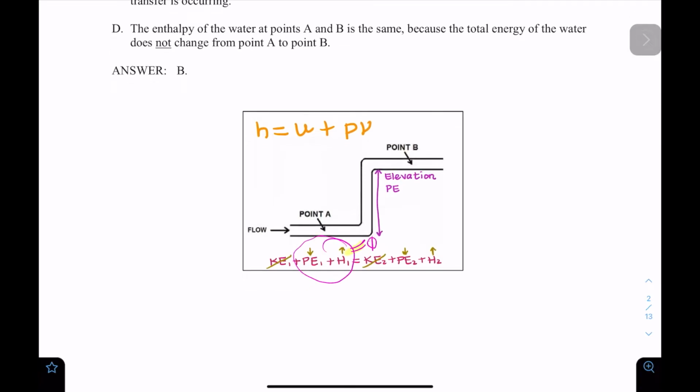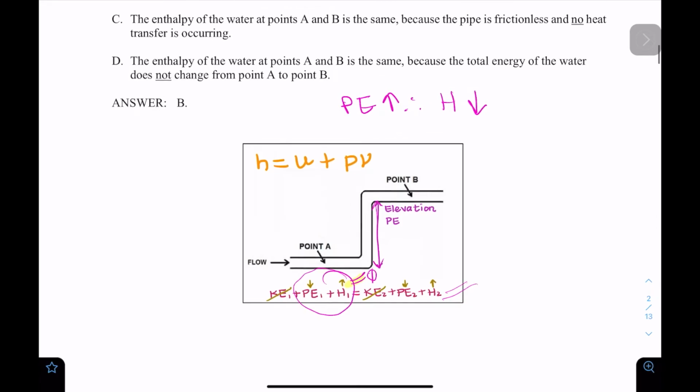And here, we are also changing the enthalpy, because if we change, for instance, the potential energy, we increase the potential energy, we know that the enthalpy has to go down. And that's how we are going to be able to have this conservation here. Right? We are only just changing the elevation. But let's take a look at the answers here.